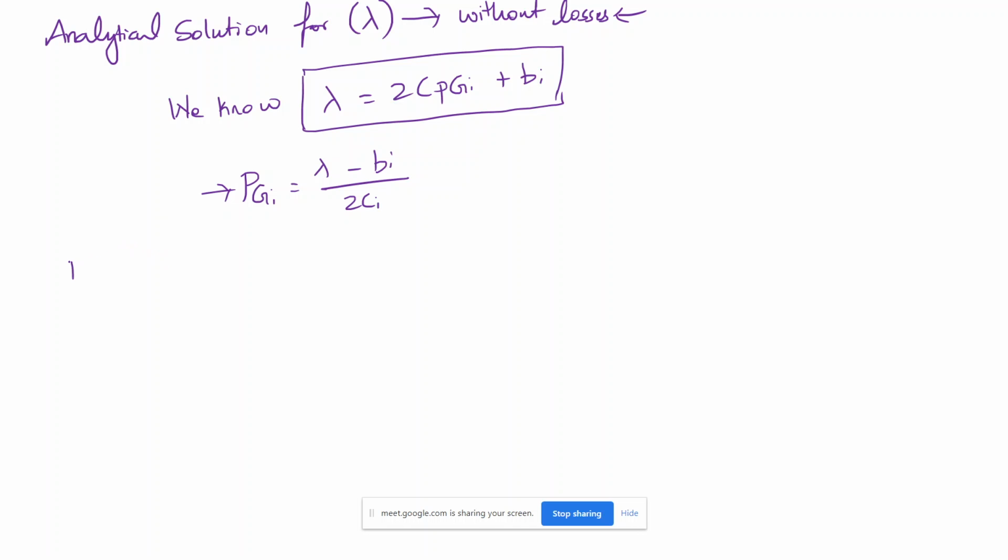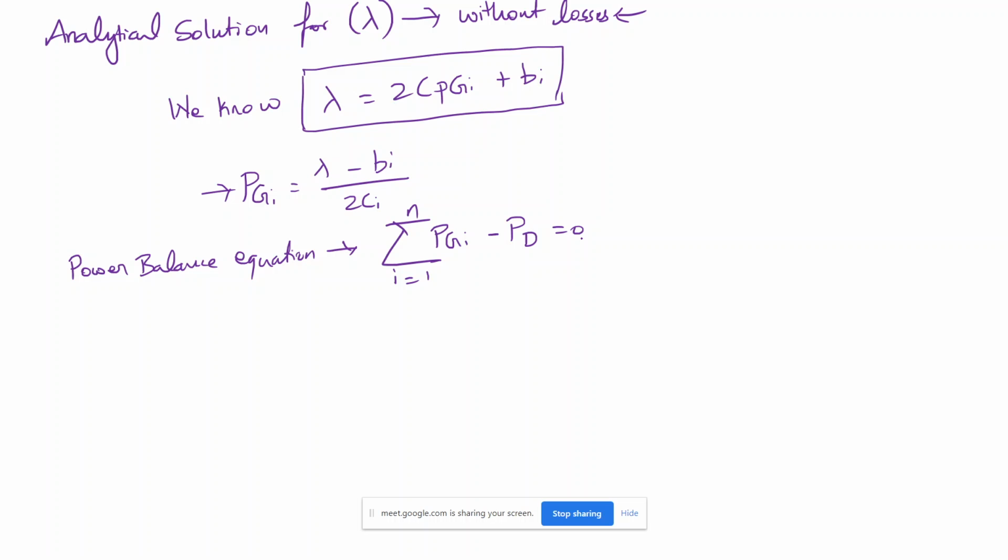So I will write power balancing, otherwise you may call this a constraint also, no problem. This is nothing but the summation for i equal to 1 to n of whatever power you generated should be equal to PD. Otherwise, if you want to make this 0, I will take minus PD. So this is the power balance equation.